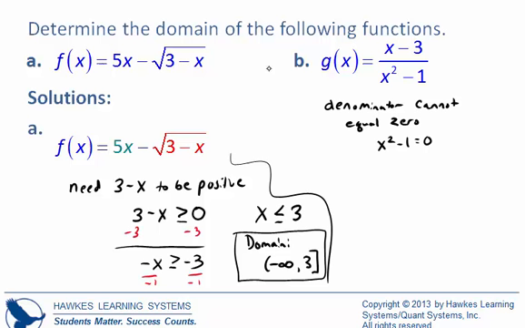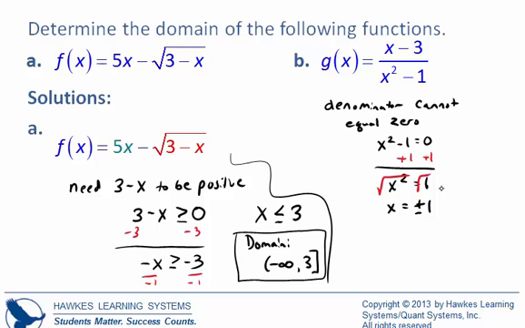We can solve that expression for x by adding 1 to both sides. That gives me x squared is equal to 1. And then taking the square root of both sides of the expression, remember that when you take the square root of 1, you get positive or negative 1.